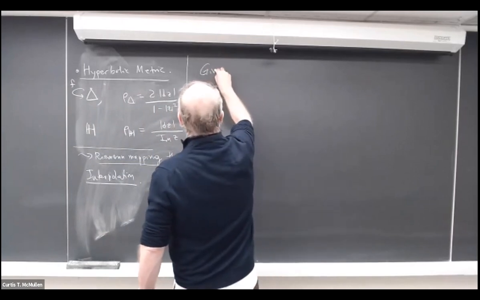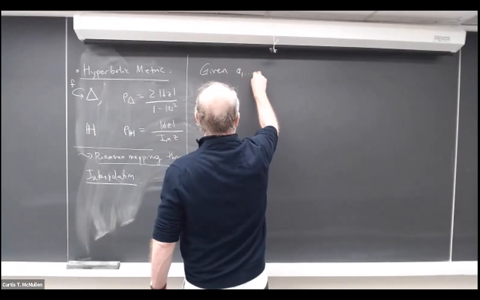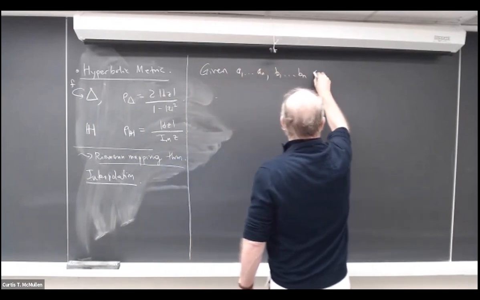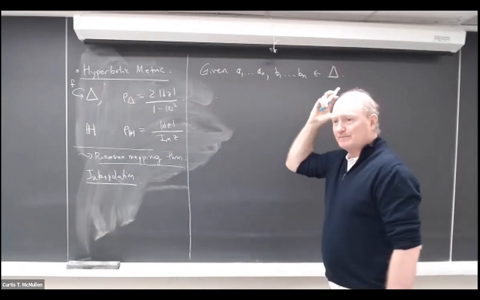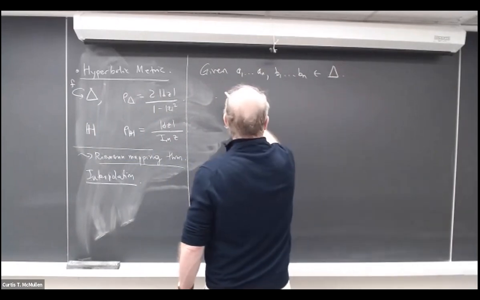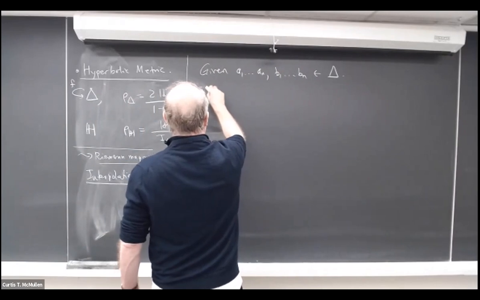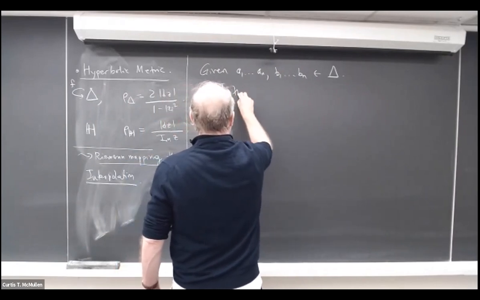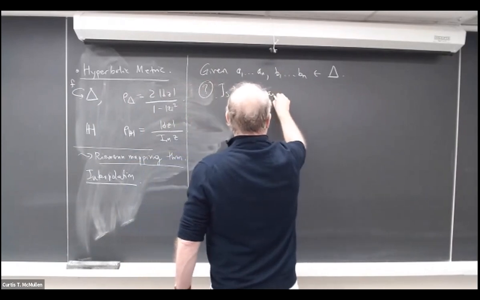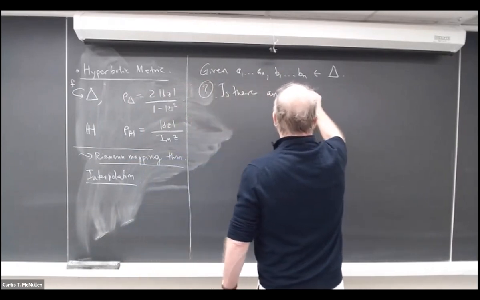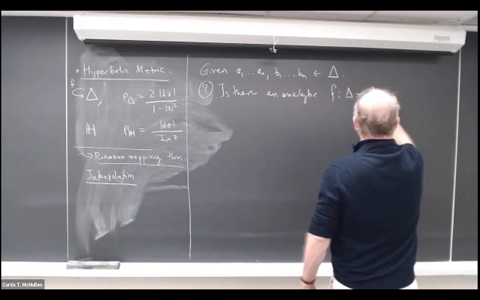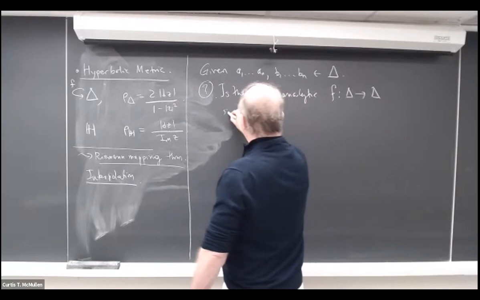You're given points A1 up to AN and B1 up to BN in the unit disk. And the problem is to ask, is there an analytic map F from the unit disk to itself that sends AI to BI?